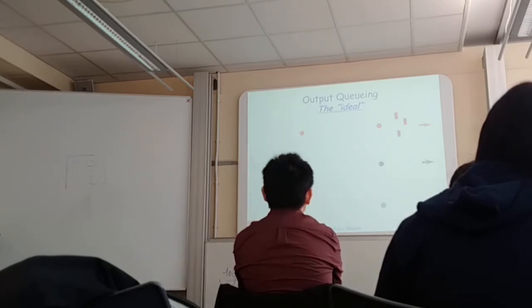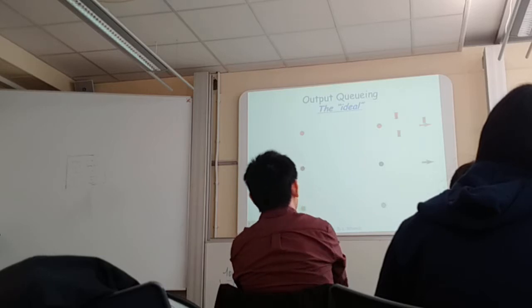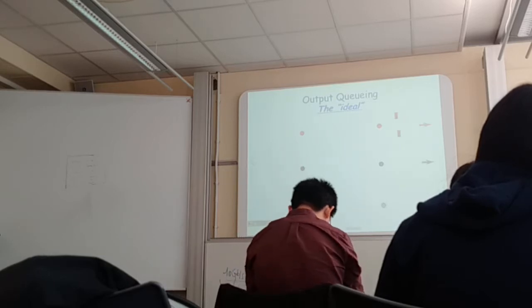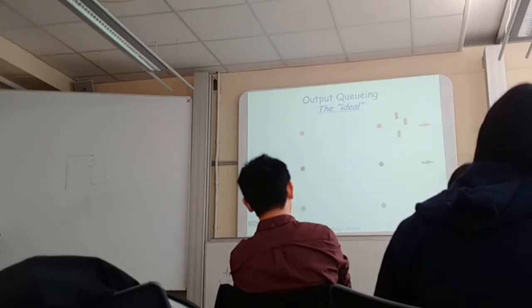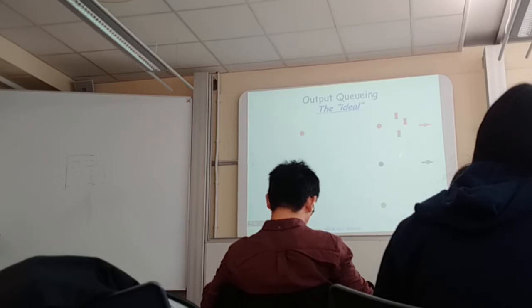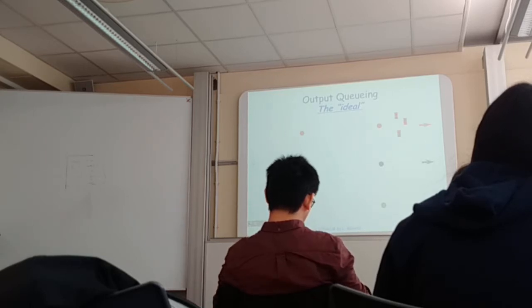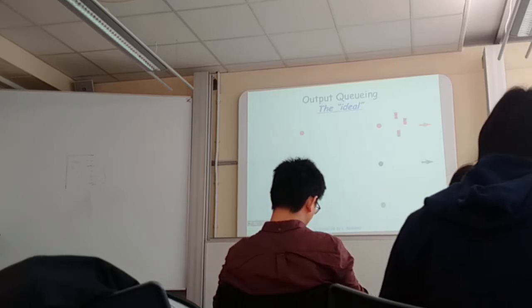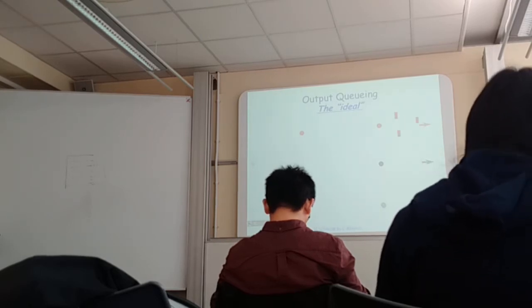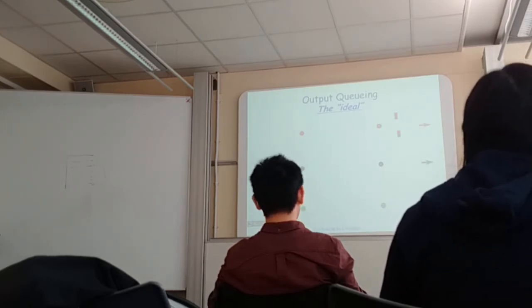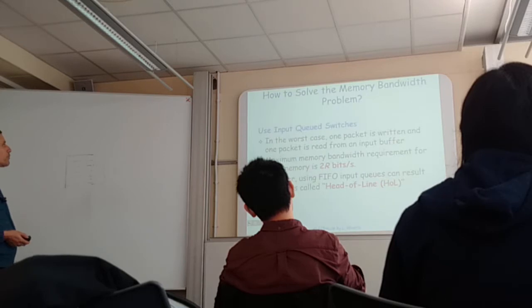The +1 comes from this animation. That's the +1. In an output queue switch it is always n+1. So n to write all of them, and the +1 is to read one packet out, because that's R equal to R there. Clear? Good.